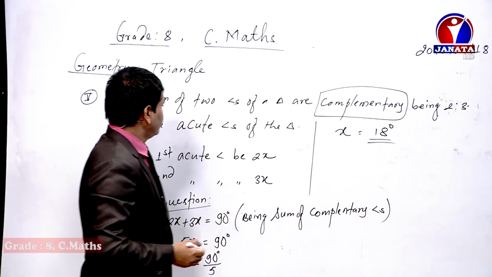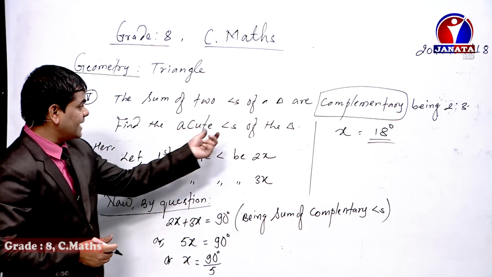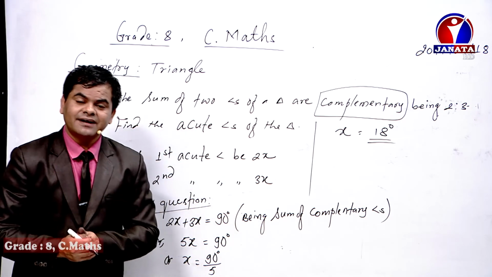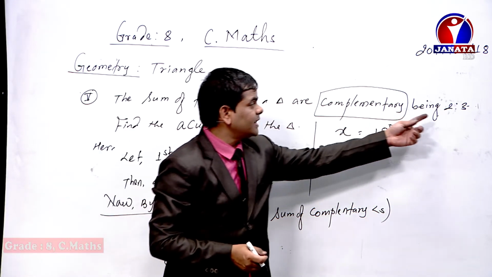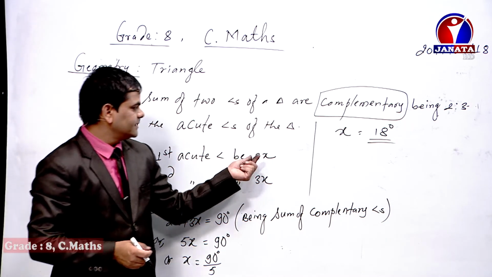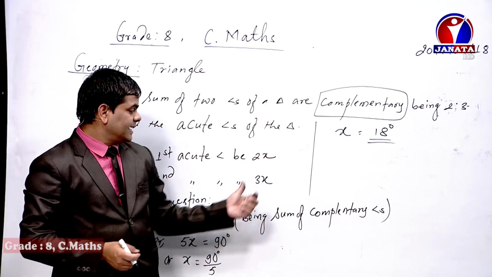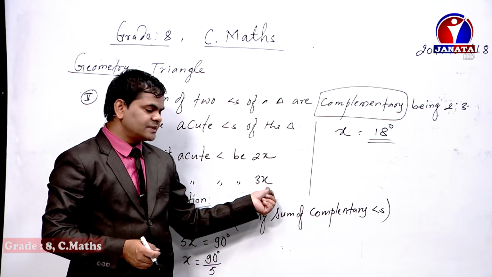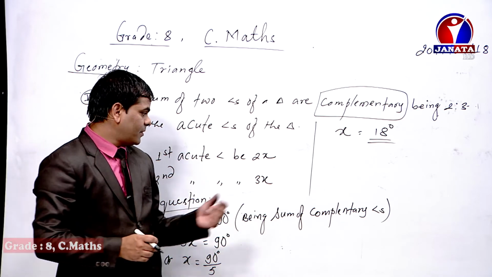Now find the acute angles of the triangle. The question has asked to find the acute angles of the triangle. So those two acute angles are 2x and 3x, isn't it? So let's substitute the value of x. 2 into 18 degree equals 36 degree, and then 3 times 18 degree equals 54 degree.